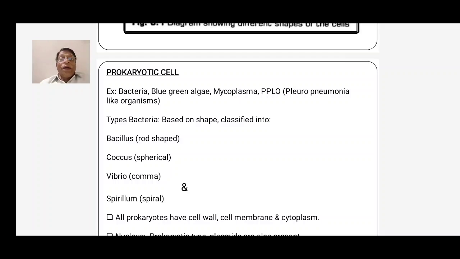All the prokaryotes have cell wall. Means the outermost layer is the cell wall. Next to the cell wall, we find cell membrane.